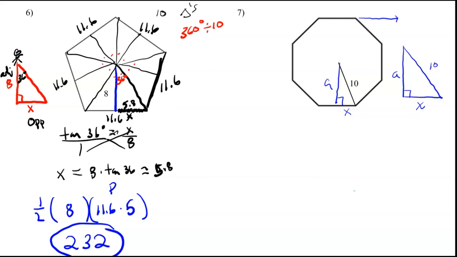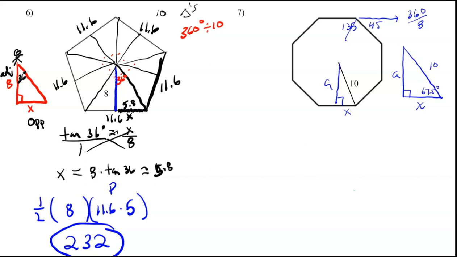This is an octagon, so it has 8 sides. So if I do 360 divided by 8, I get 45. And then 135 divided by 2, I believe, is going to be 67.5. So we have 67.5 degrees down there.